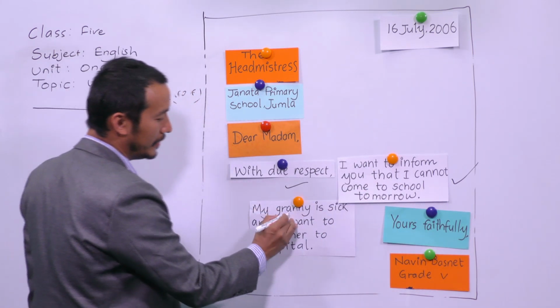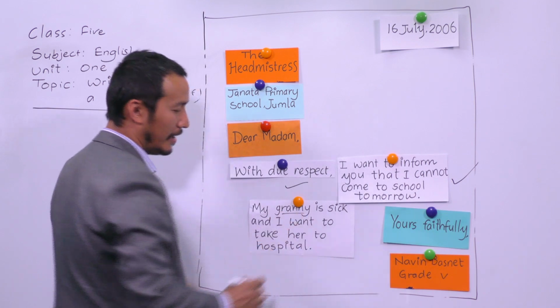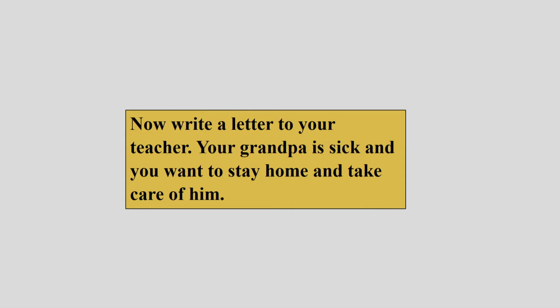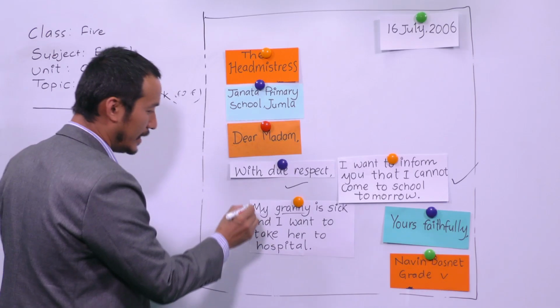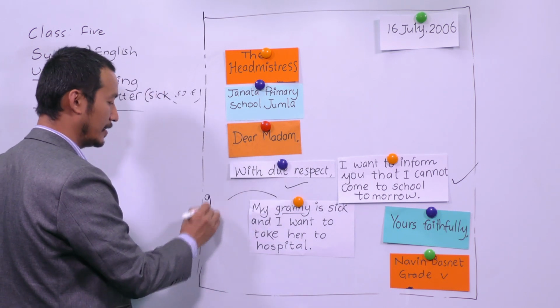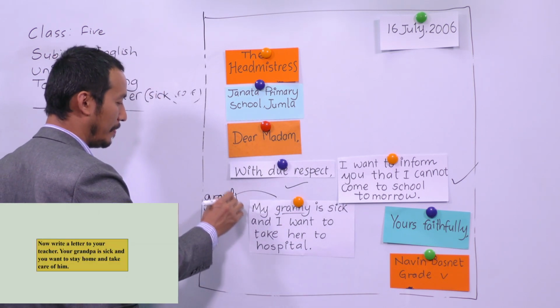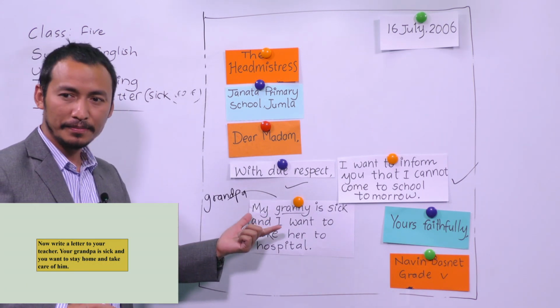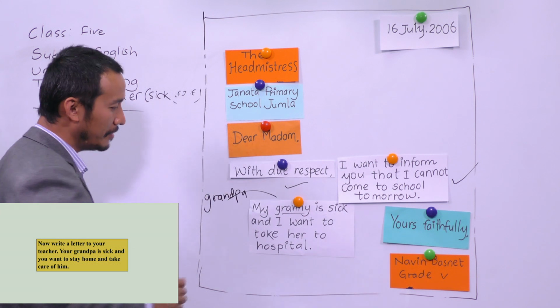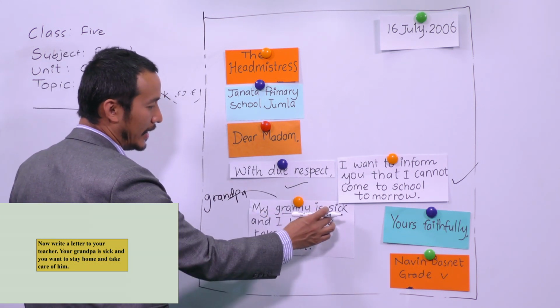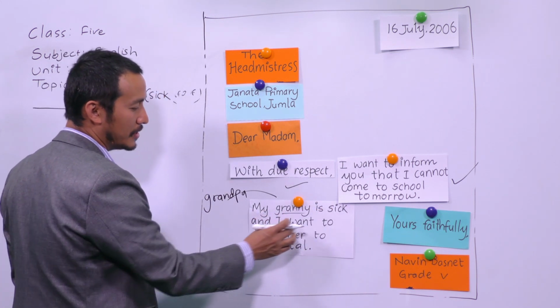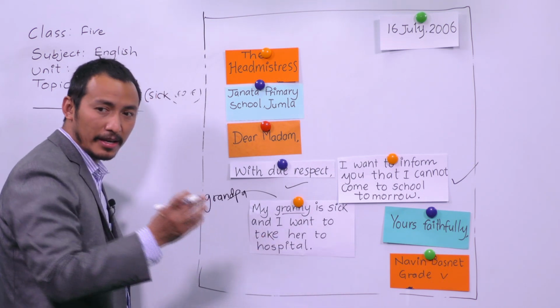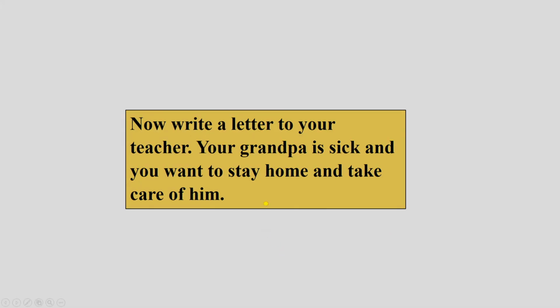Now here is granny, and your question has given your grandpa. So you can add here what? Your grandpa. Can you replace that word? Yes, you can replace the word granny, is sick and I want to. What do you want to do? Your question says you want to stay home and take care of him, right?